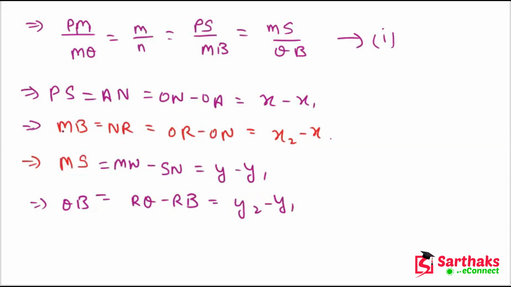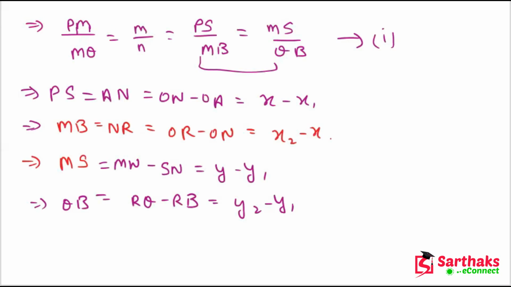So now we have PS, MB, MS, and QB. We are putting these values in these equations. So we have m upon n, which is equal to PS, meaning x minus x1.